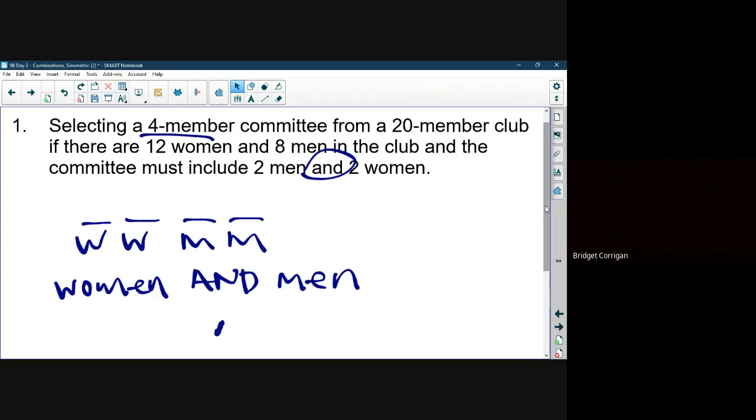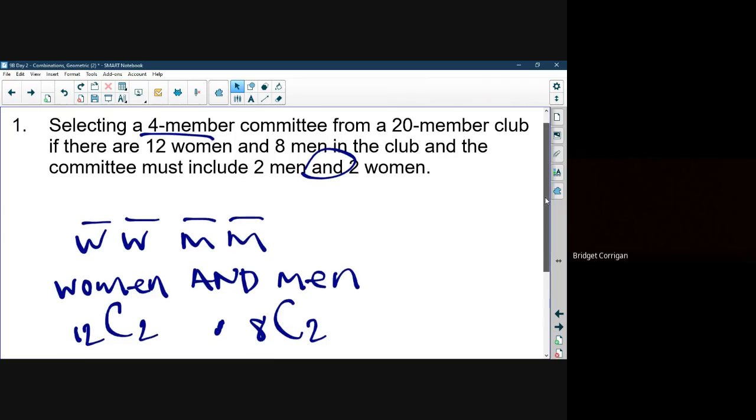Okay, so order doesn't matter, it's a C. Of the total women, we have 12 total women, and 2 of them must be women. And we have 8 men, and 2 of them must come from the men group.